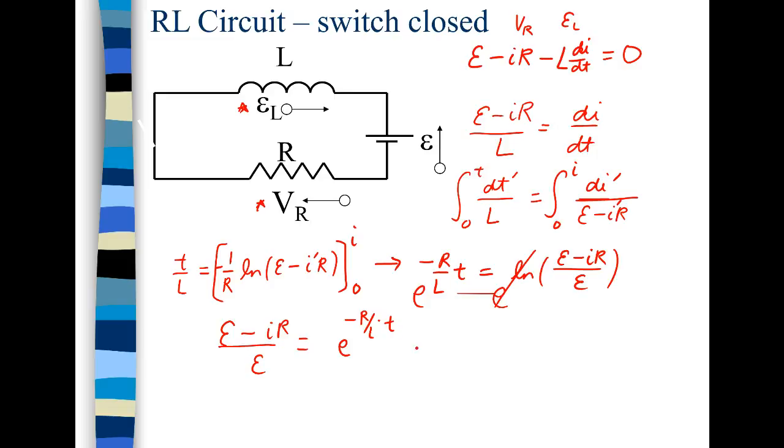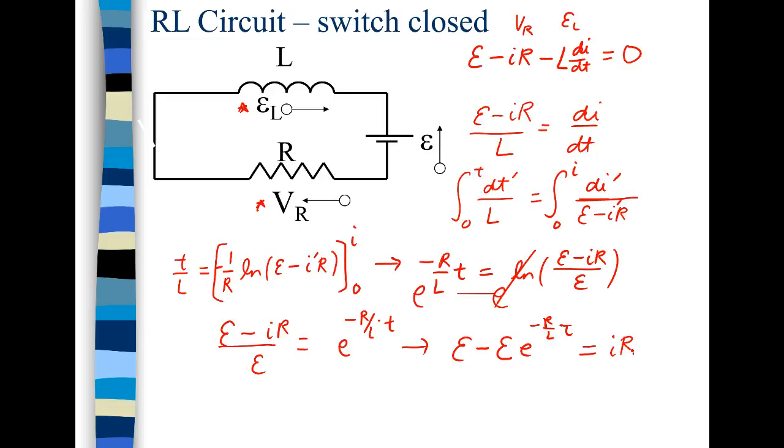And we can simplify this and write this as E minus E to the minus R over L times t is equal to IR, oops, sorry, that's correct, just IR.